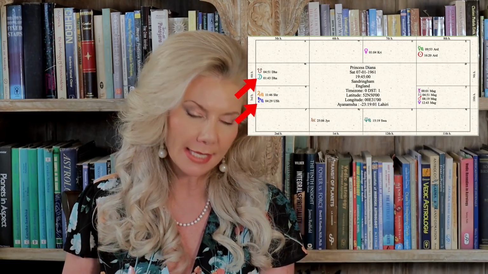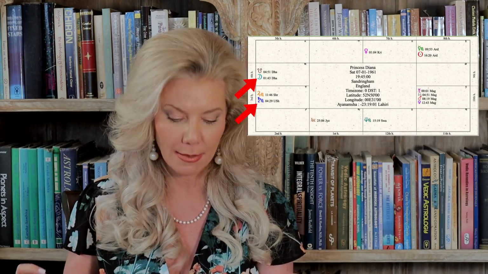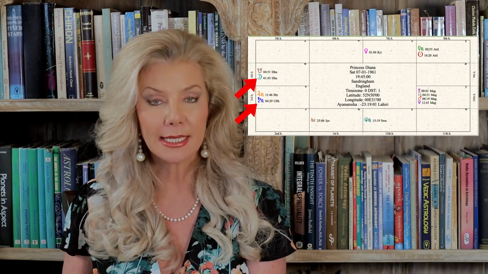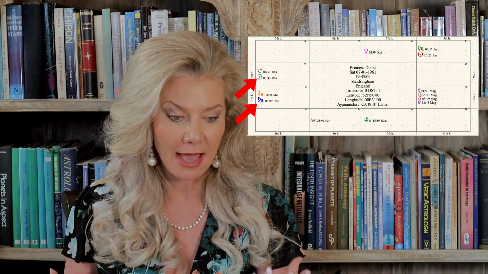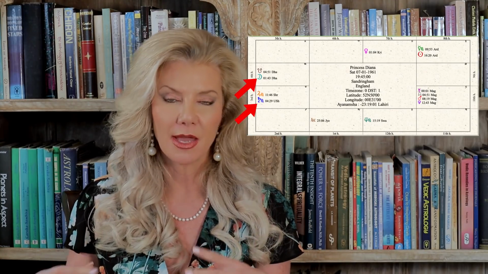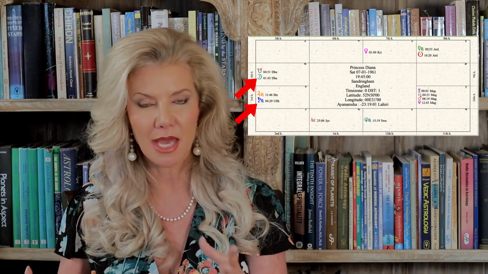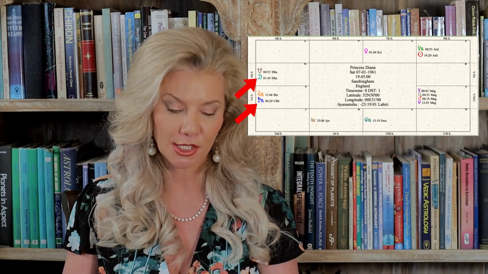The essence of that was detached, cold. That's what Capricorn can be about. And it's in the 3rd house, and Diana didn't have the greatest relationship with her brother during her life, on and off, but there was a connection between mother and siblings by the fact that it disposits to Saturn.